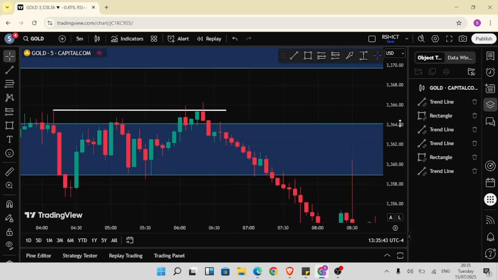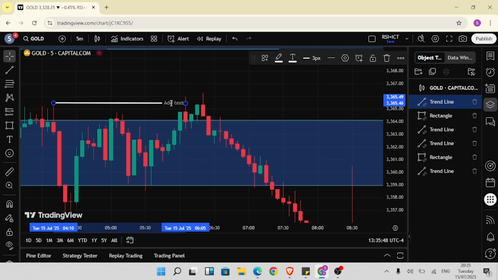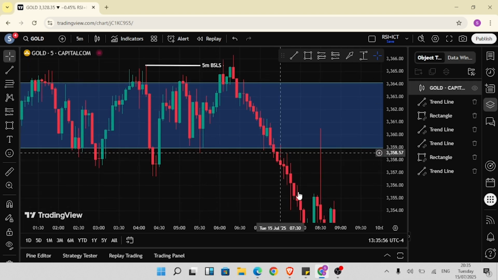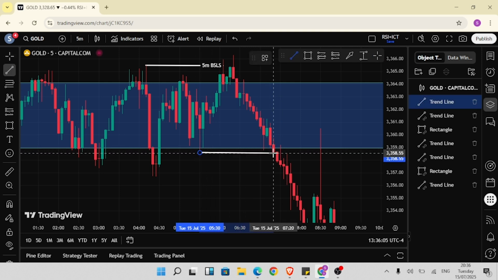You will notice now that gave us another buy side liquidity sweep, which was valid because as price came lower, it shifted the market structure. You can see what happened at this point.